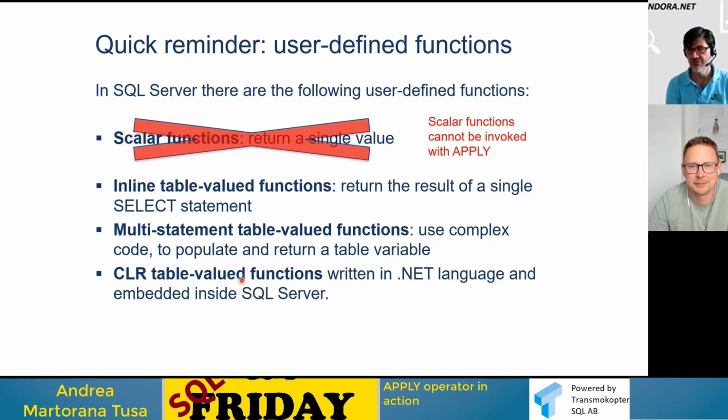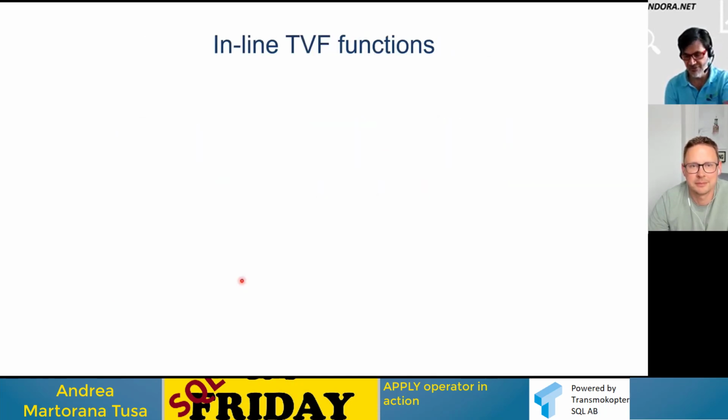Scalar functions you cannot use with apply because you need basically a select statement with some output. It can be either one single row or a table, but you need basically a table, not just one single value. And as a rule of thumb, you should avoid calling scalar functions because of the performance issues.